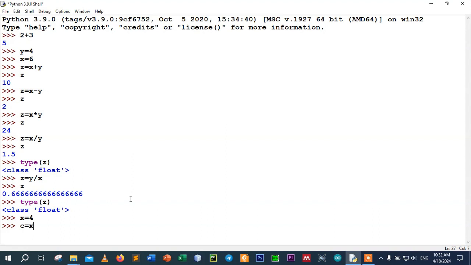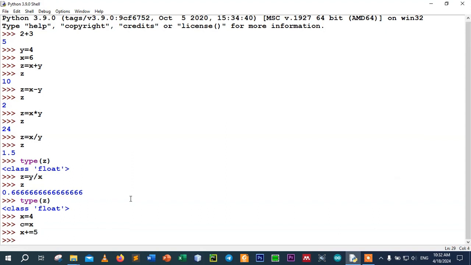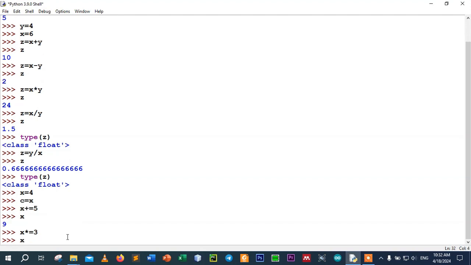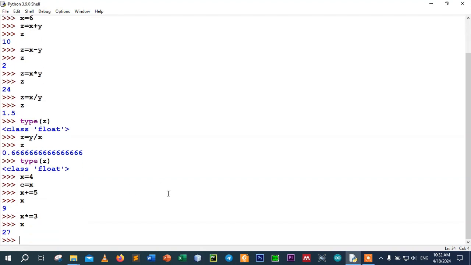Assignment operators are not only the equals sign. For example, X plus equals 5 is also an assignment operator. That means X is equal to X plus 5. The value of X is 4, so we get 9. We can also do X multiply equals 3, and we get 27.